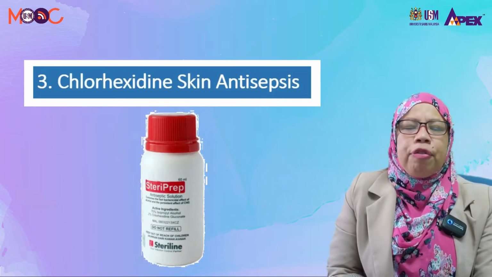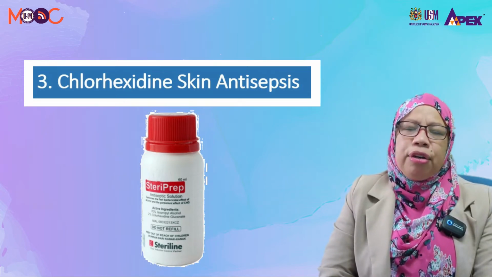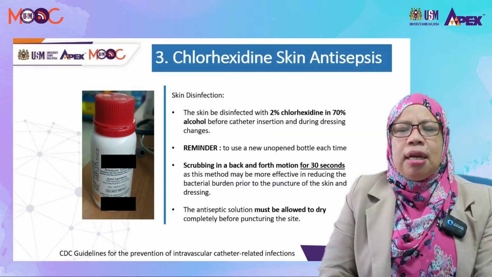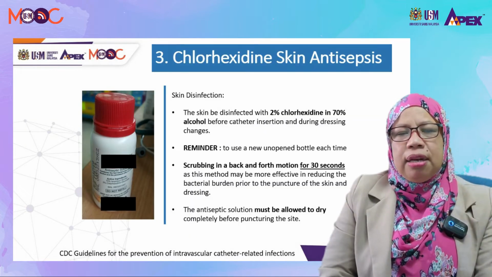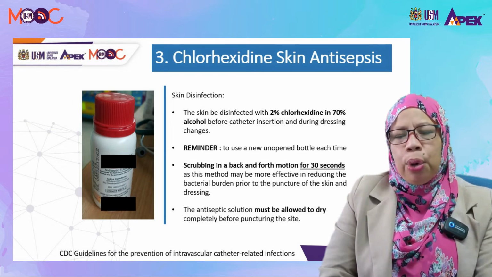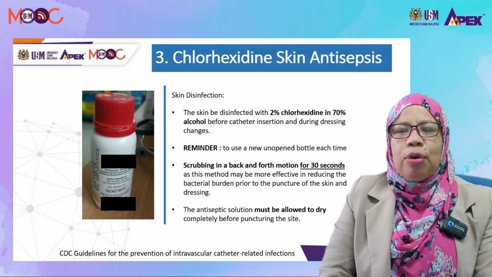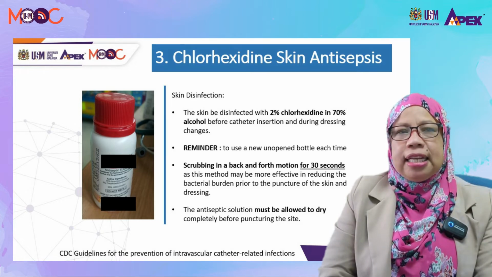Now we go to component number 3 of the catheter insertion: the use of chlorhexidine as skin antisepsis. Yeah, for central venous catheter insertion, the skin should be disinfected with 2% chlorhexidine in 70% alcohol before insertion of the catheter and also during the dressing of the catheter, right?